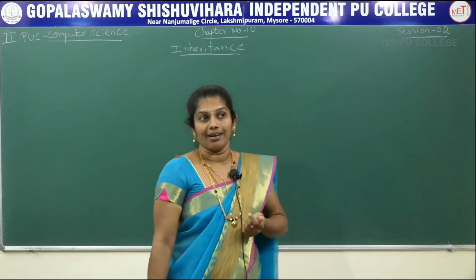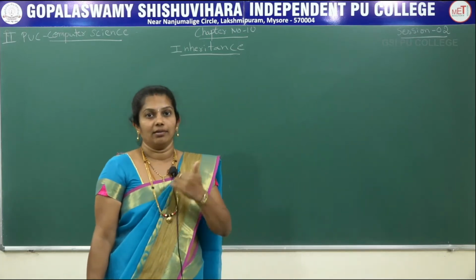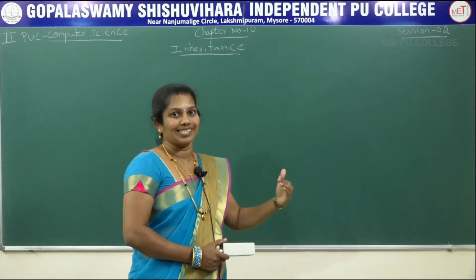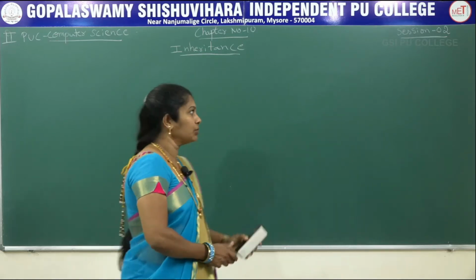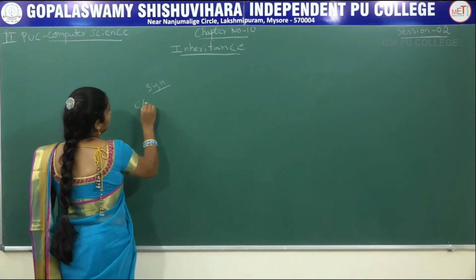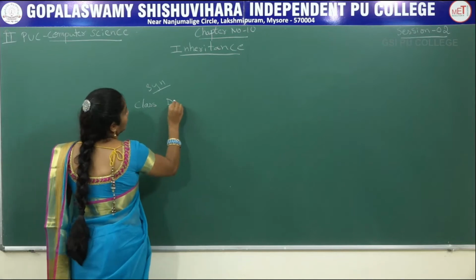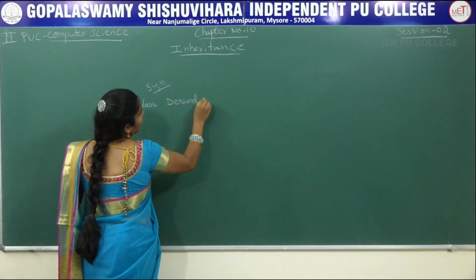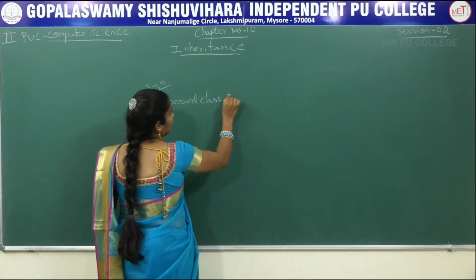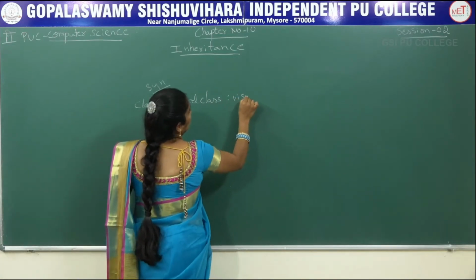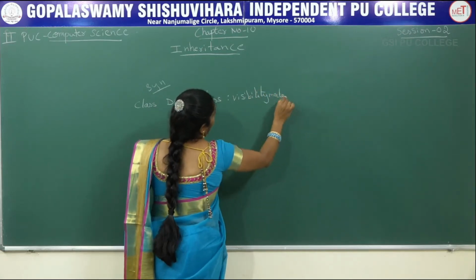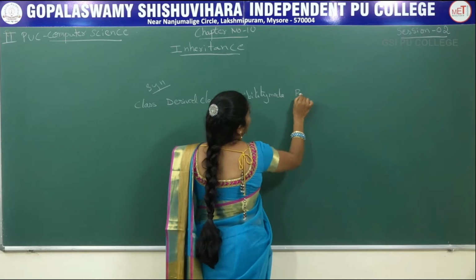With that we have explained how to define the inheritance. The syntax also we explained. Today I am going to explain the syntax once again and then continue with this concept. While writing the syntax, first you have to write class, then the derived class, then we write colon, visibility mode, and at the end the base class.